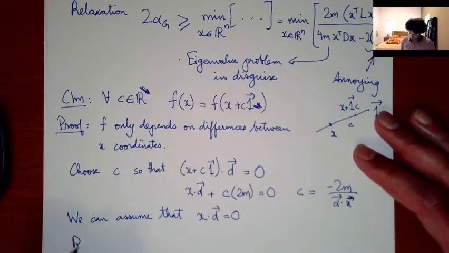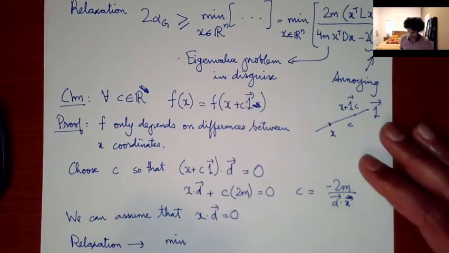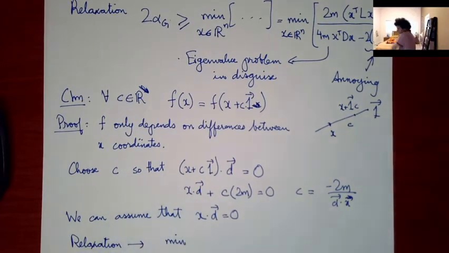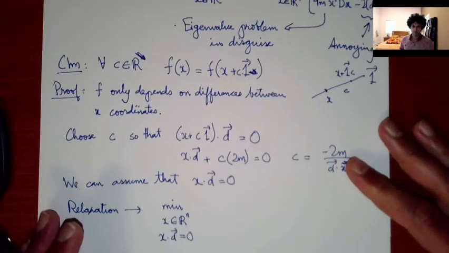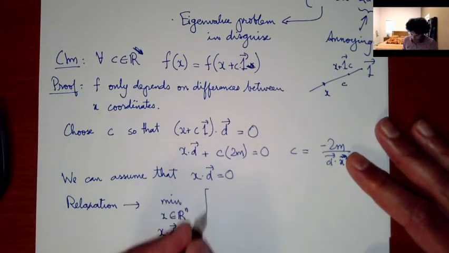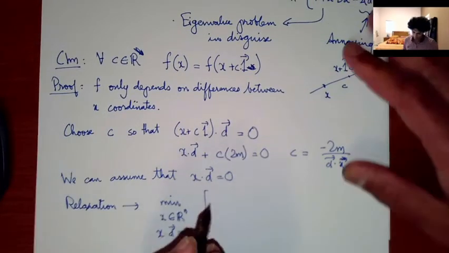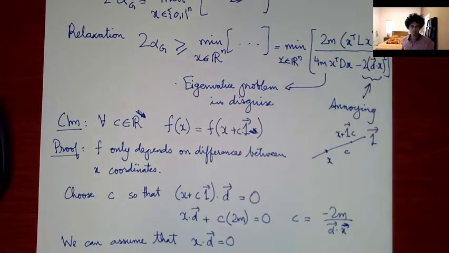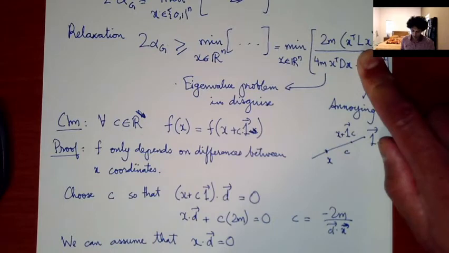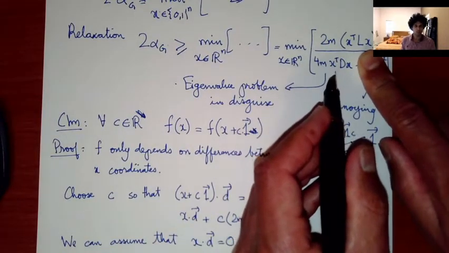The relaxation is now going to be the min, excuse me, over all x in Rn such that x dot d is equal to 0, of something that looks now much nicer: x transpose Lx, which is what I get in the numerator, and the denominator is just x transpose dx.